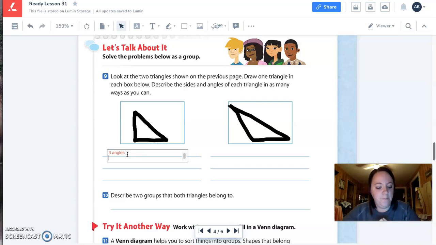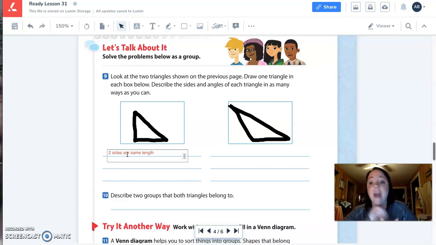What else? It looks like maybe possibly 2 of the sides are the same length. Now, since I'm kind of listing these, you don't really need to put them in full sentences. You can just list, which is okay. 2 sides are the same length.